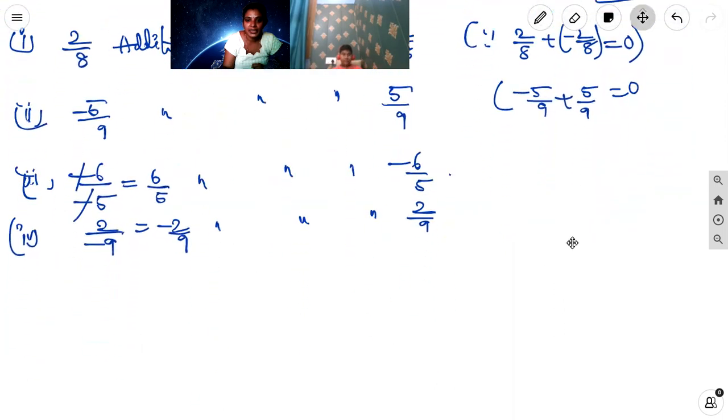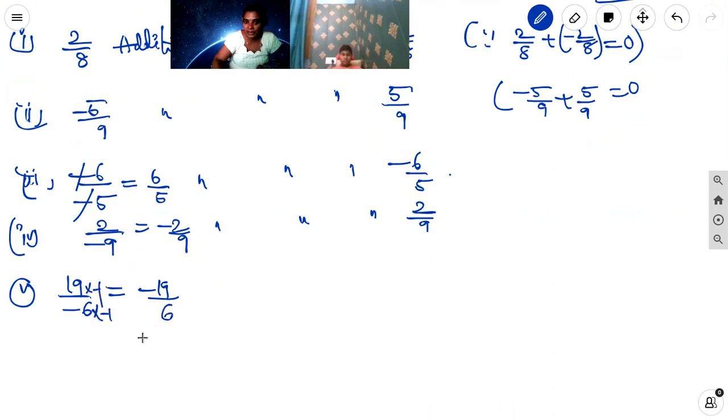Minus 19 by minus 6, additive inverse. 19 by minus 6 means you just take the minus to the numerator. Why? Because if we multiply by minus 1, it becomes minus 19 by 6. Whenever the numerator or denominator has a negative, simply cancel it, or when both are negative, you multiply by minus 1 and it reduces to positive terms.